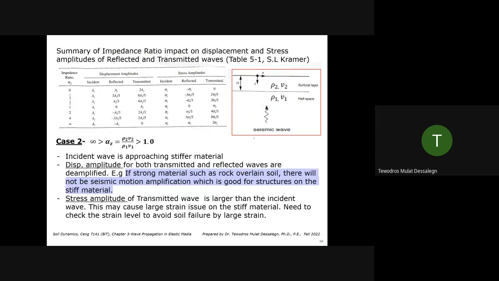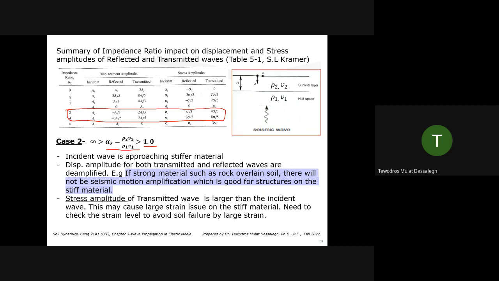Now, the second case. What if you have an impedance ratio larger than 1, but not excessively large? So let's say we're talking about this area. Impedance ratio greater than 1, and assume it's less than infinity, or not too great.